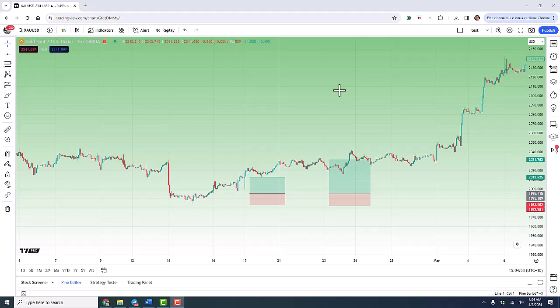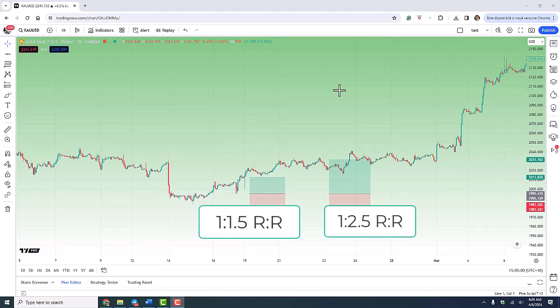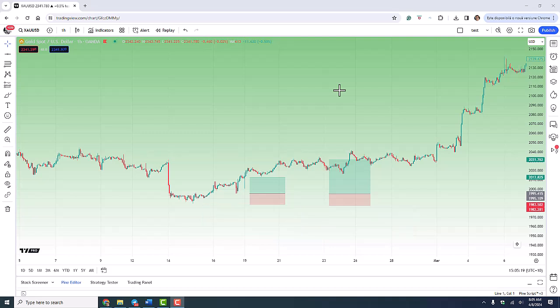And for this I look if I have a favorable risk reward. And we see if we target this resistance zone, we have 1 to 1.5 risk reward. And if we target this zone, we have 1 to 2.5 risk reward.